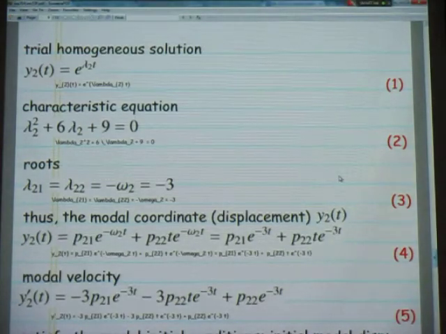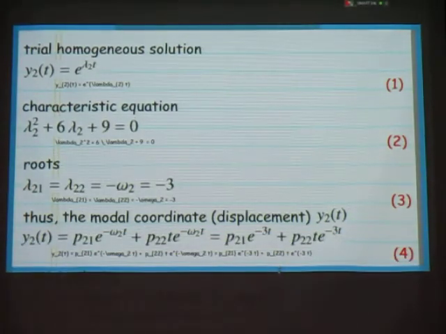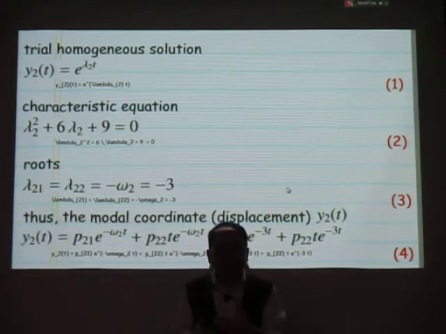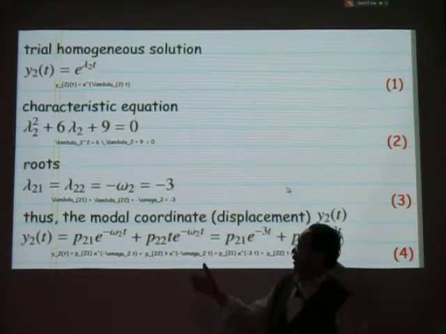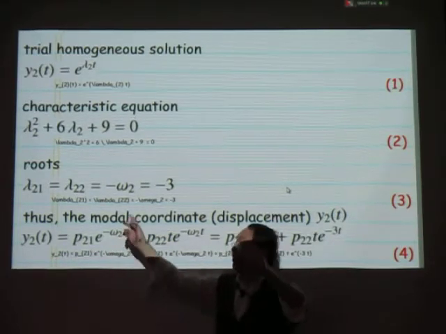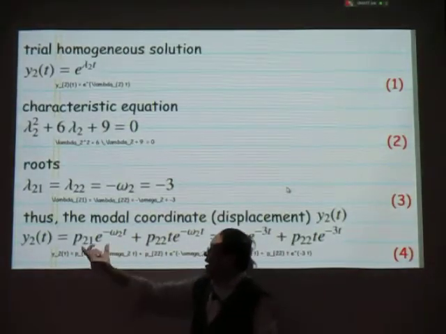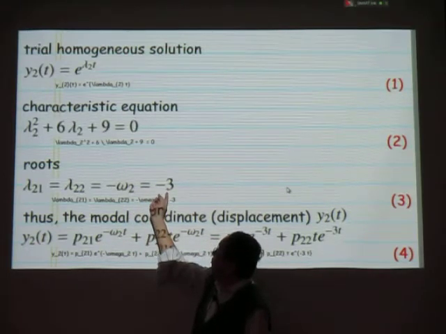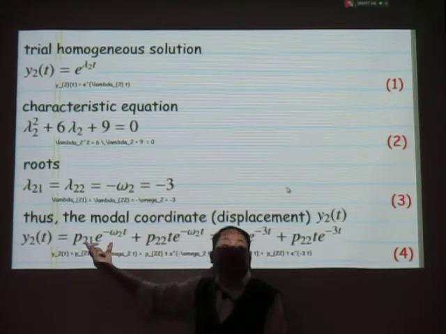So let me walk you through step by step. When you have this double real root, the method is variation of parameters or reduction of order, because if you have only one root, this is a single root. That's why it's called double real root. Then when you replace lambda equal to -3 into the trial solution, you have only one term.